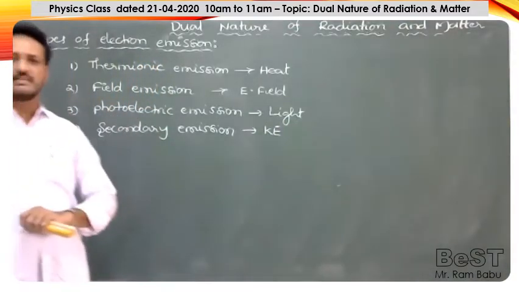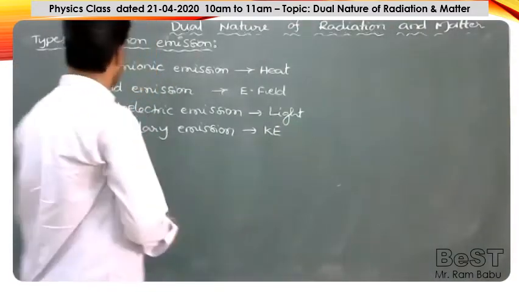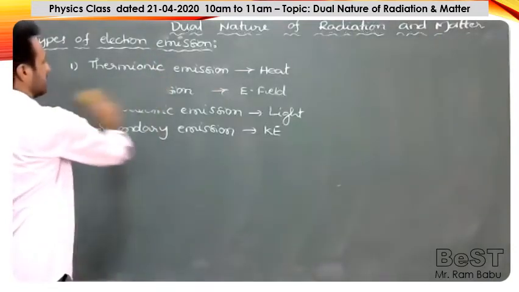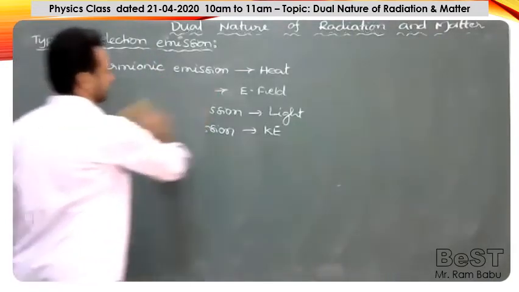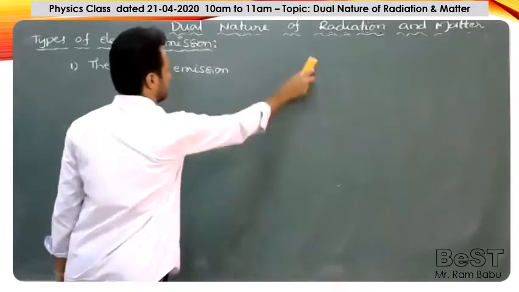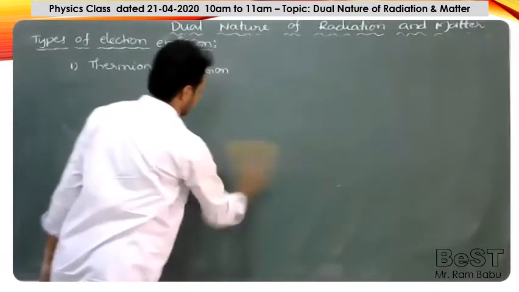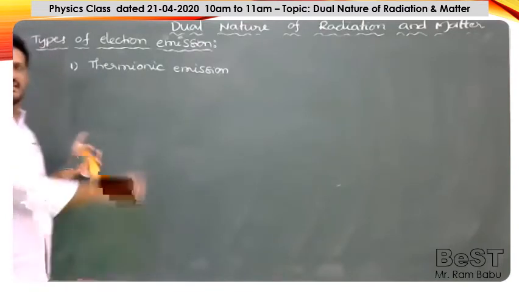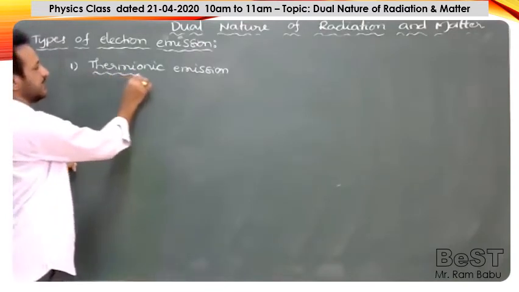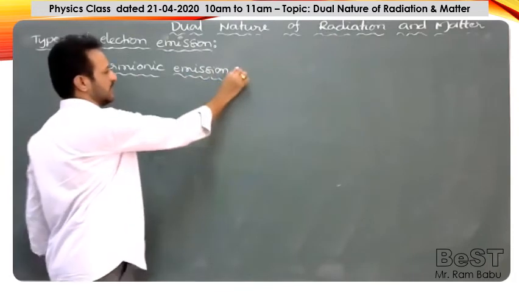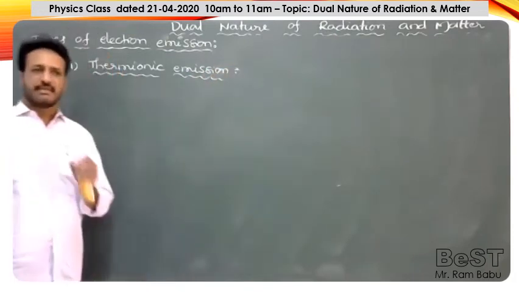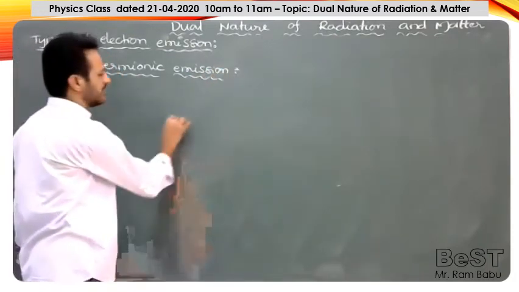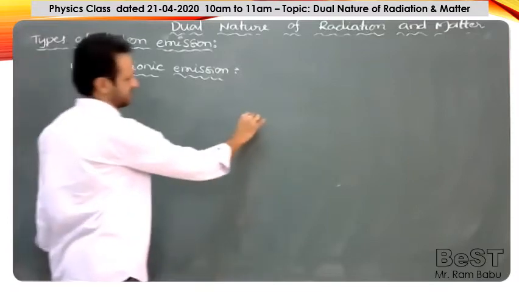Of the 4 methods, first we will discuss thermionic emission. What is meant by thermionic emission? In the word, thermo or therm indicates heat. Here I am choosing a metal plate, which contains a large number of free electrons.